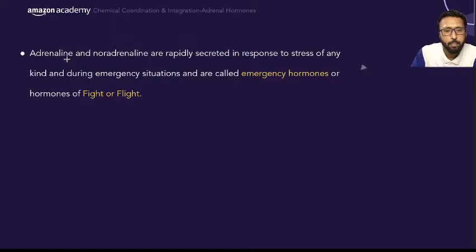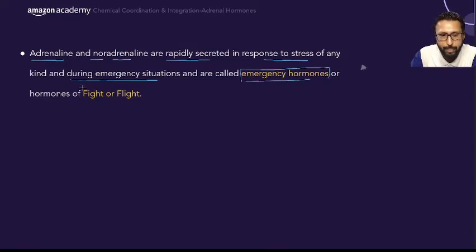Now these adrenaline and noradrenaline are rapidly secreted in response to stress of any kind, like exam stress, family stress, work stress, or during emergency situations. That's why these hormones are known as the emergency hormones or fight or flight response hormones. Means either we are going to fight or we are going to flee, run away from that condition.